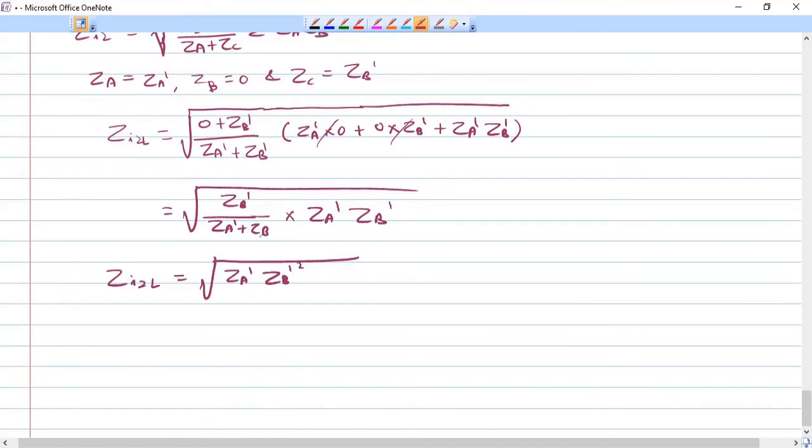In the numerator we have Zb dash into Zb dash, which should be Zb dash square, and in the denominator we have Za dash plus Zb dash. So this is our expression for image impedances for an L network.